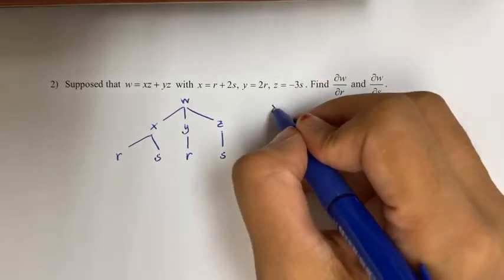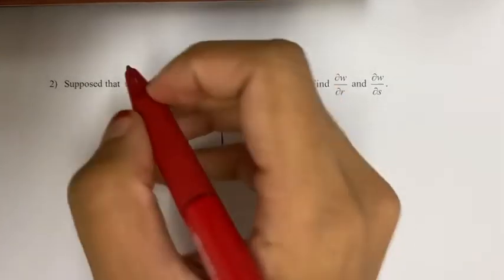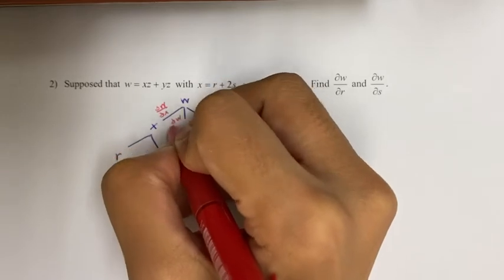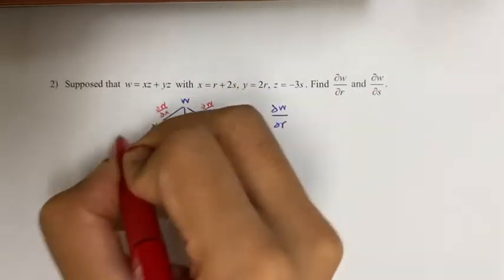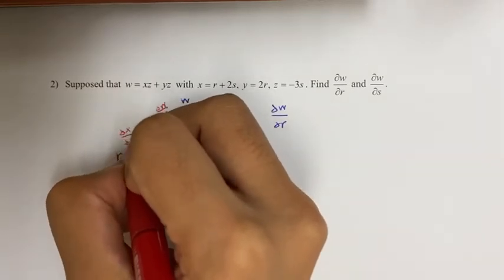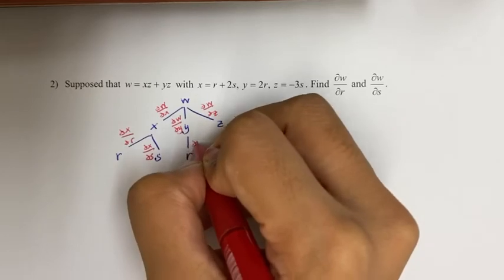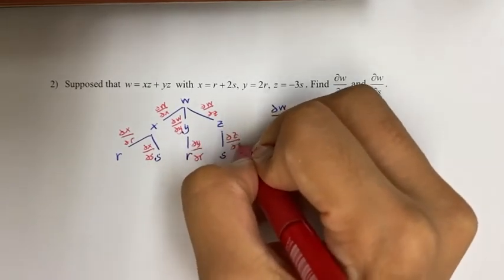Okay, for del w over del r, you have del w over del x, del w over del y, and del w over del z. You have del x over del r, del x over del s, del y over del r, and del z over del s.